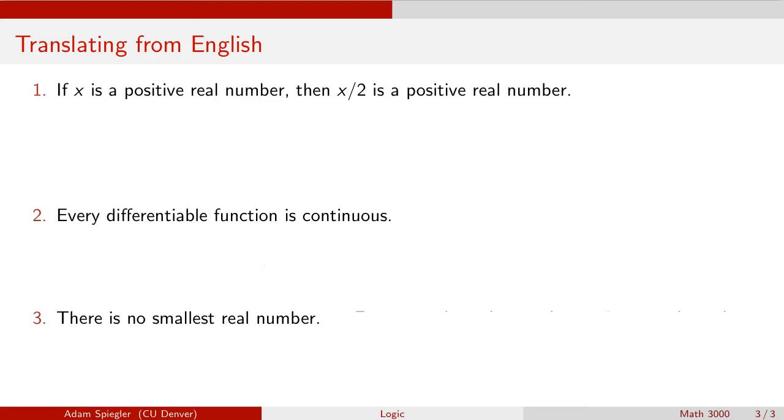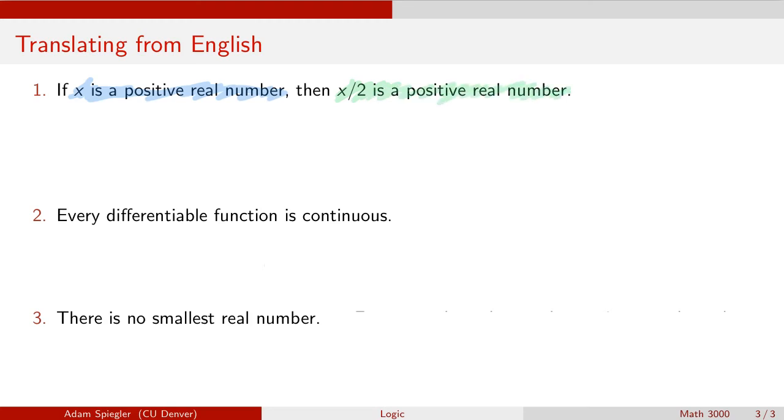So the first sentence here is, if x is a positive real number, then x over 2 is a positive real number. So we've got a conditional here, and the hypothesis is if x is a positive real number, I'll highlight that in blue, and the conclusion is then x over 2 is a positive real number.